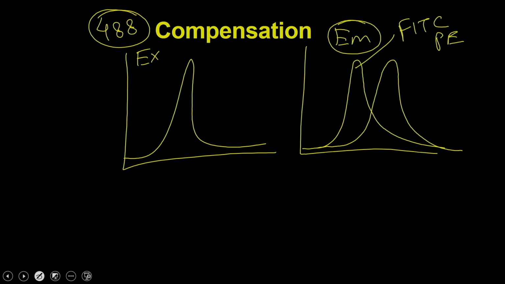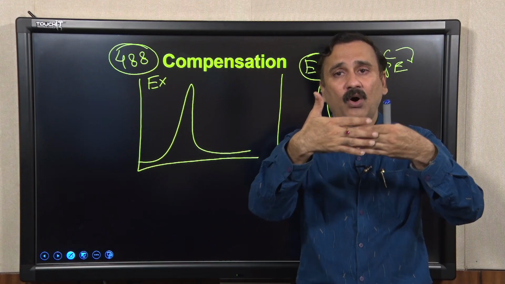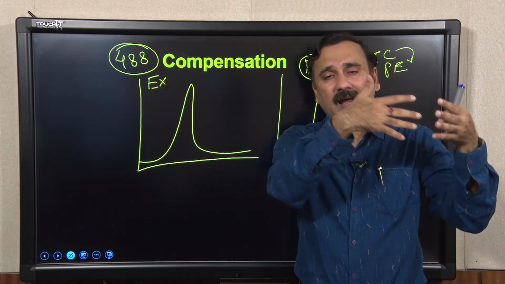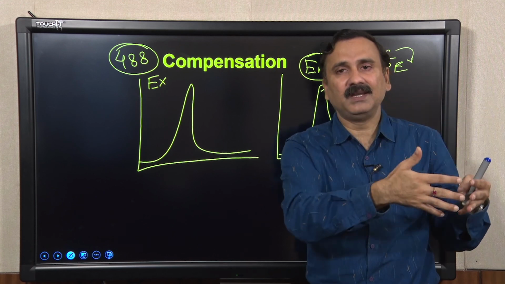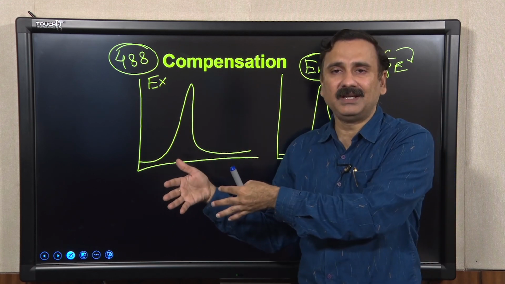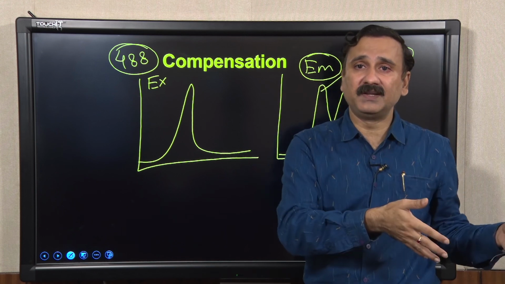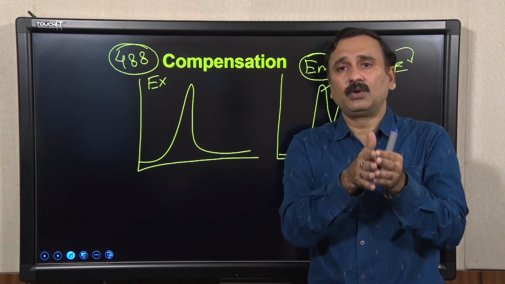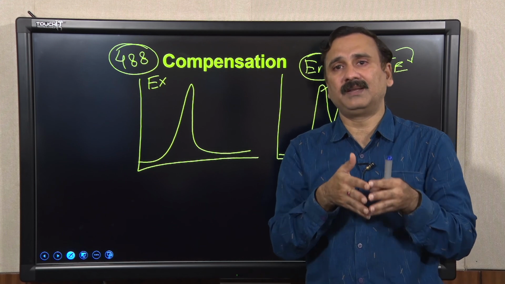Now if I am only interested in seeing FITC or PE, but you use these 2 dyes as a pair, you see there is an overlapping region of their emissions. This means the FITC signal will bleed through into the PE signal, and the PE signal will bleed through into the FITC signal, so the signal is not pure.